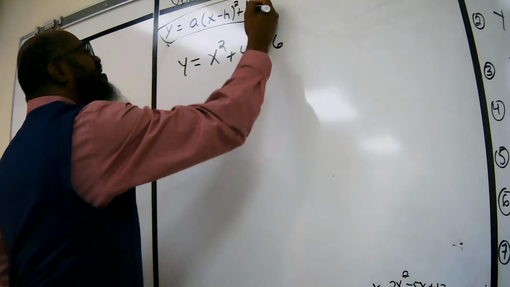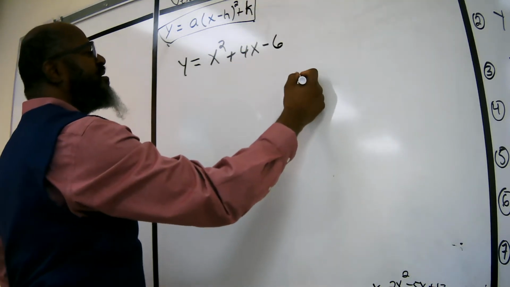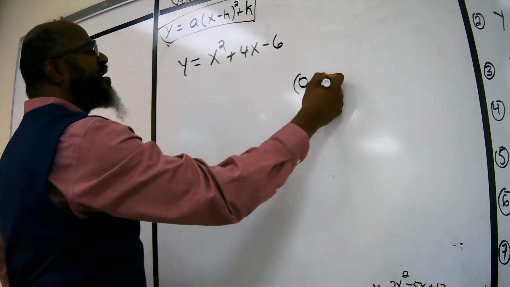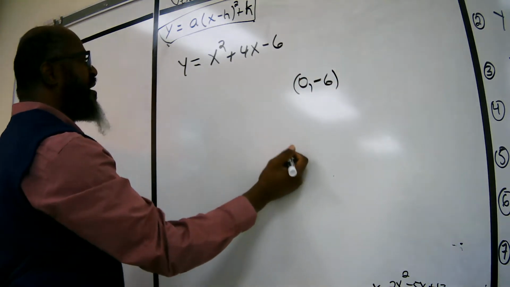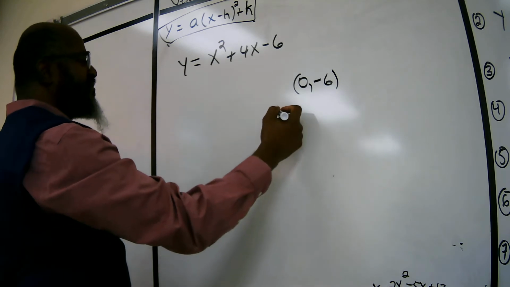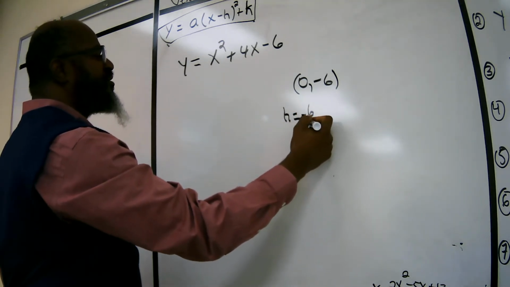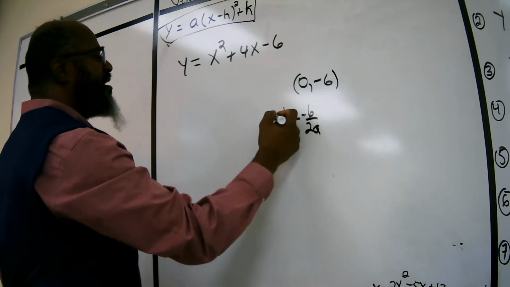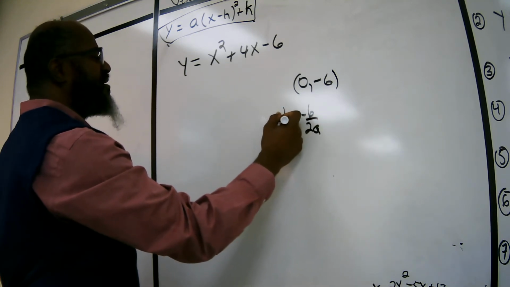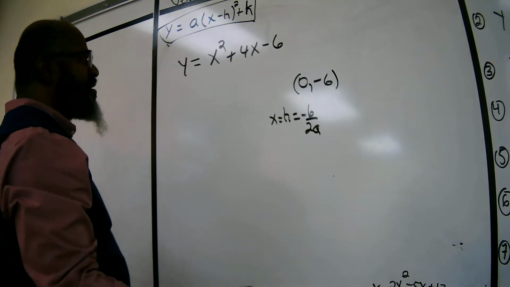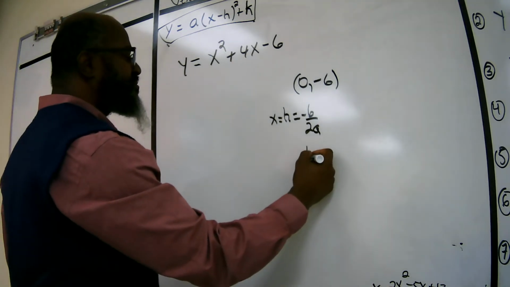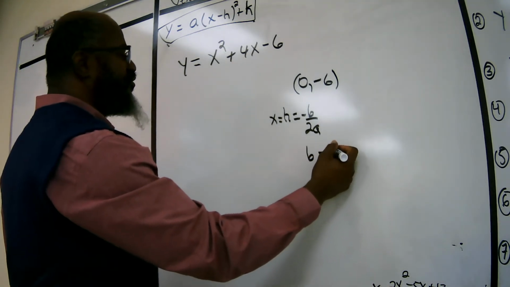All right. So in this case, the y-intercept will be 0, negative 6. All right, we're going to find the axis of symmetry, which is h equals minus b over 2a. Remember, h and x are the same. All right, and we know b is equal to 4.